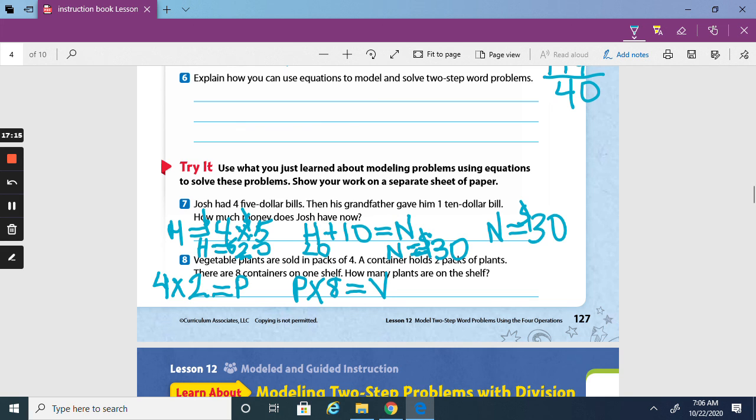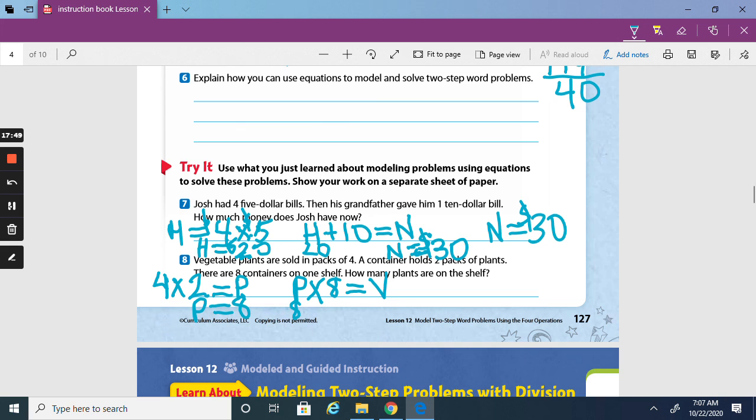Let's go back over here first and solve for P. 4 is the number of packs. 2 is the number that a container holds. It can hold 2 packs. So 4 times 2 is going to give me 8. So P equals 8. Over here, P is also going to equal 8 because we're still talking about the number of plants that that container will hold.